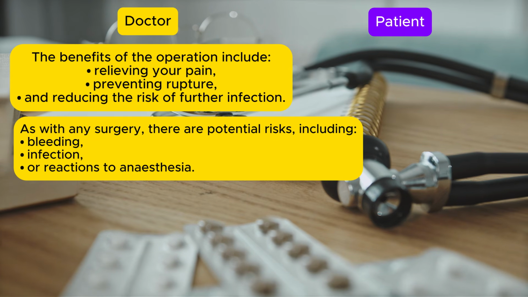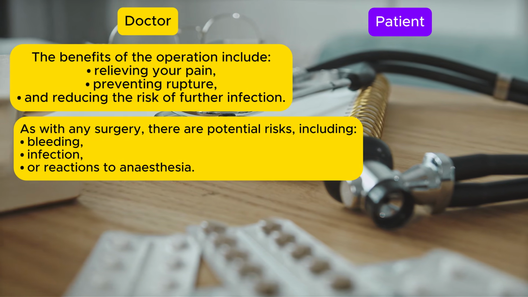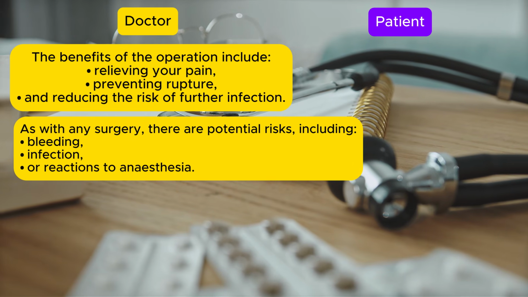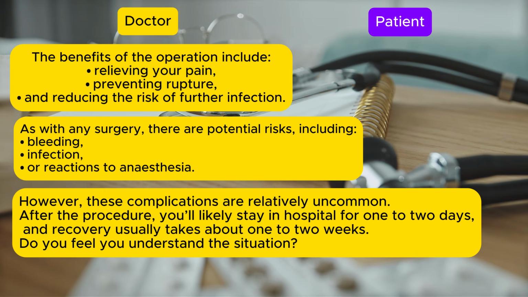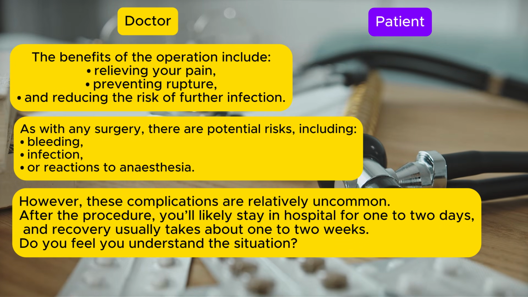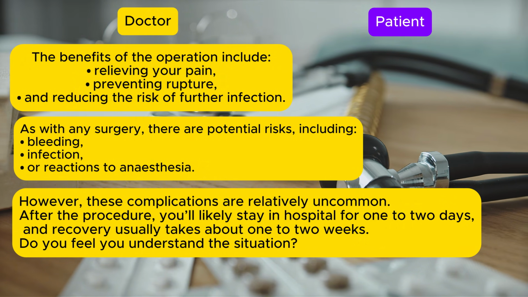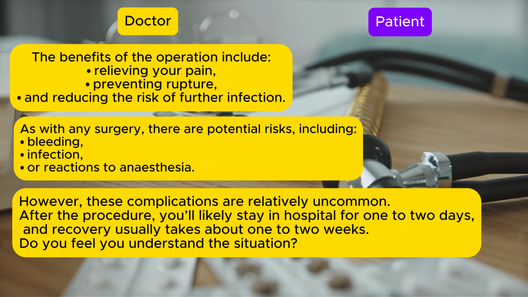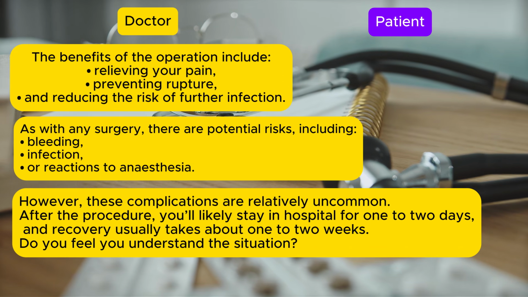As with any surgery, there are potential risks, including bleeding, infection, or reactions to anesthesia. However, these complications are relatively uncommon. After the procedure, you'll likely stay in hospital for 1 to 2 days, and recovery usually takes about 1 to 2 weeks. Do you feel you understand the situation?